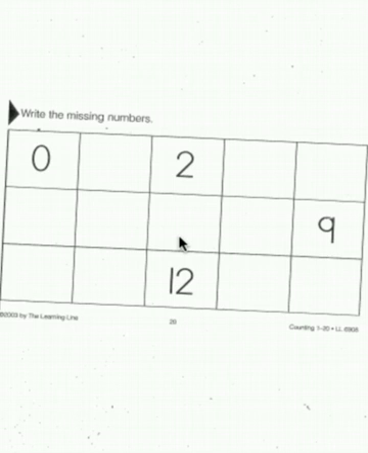So on the back of our cow sheet, here is a chart. What you're going to do is write in the missing numbers. As you can see, they started with a 0. So then you want to put the next number that's after 0. And as you can see, this box is already full. So this number, number 2, comes after this number.